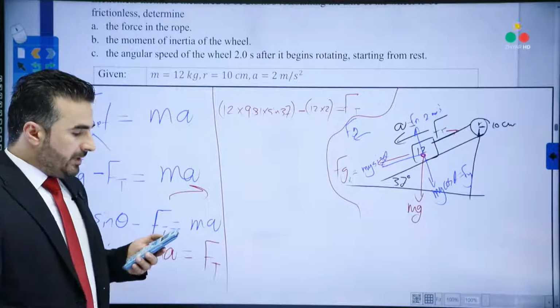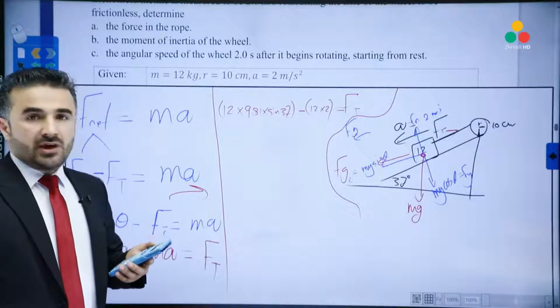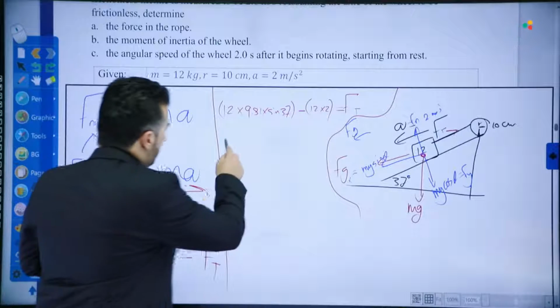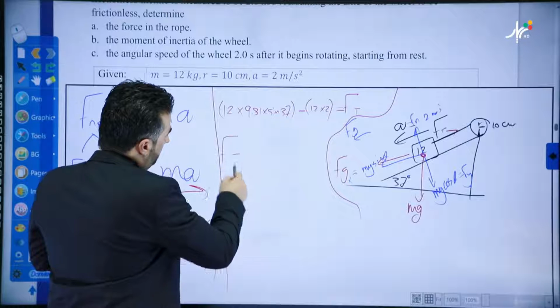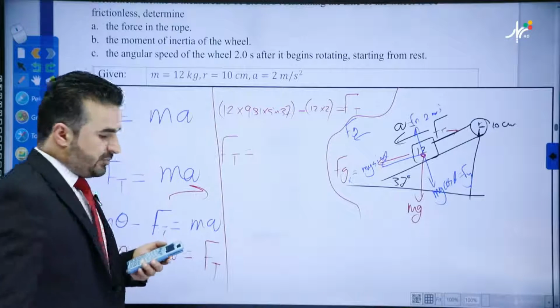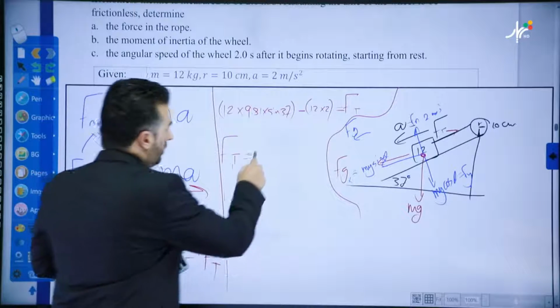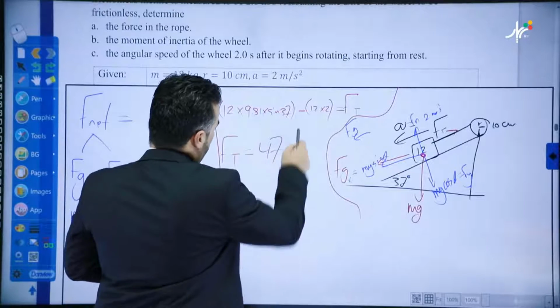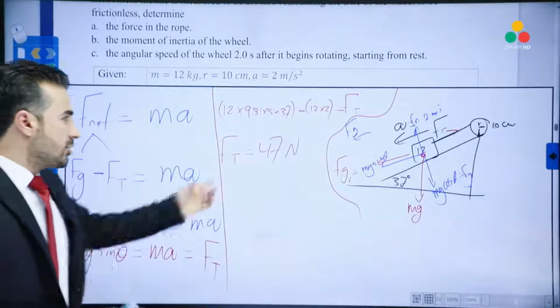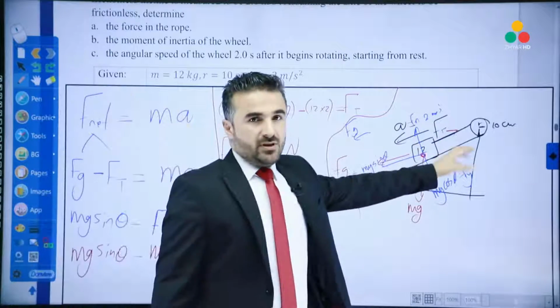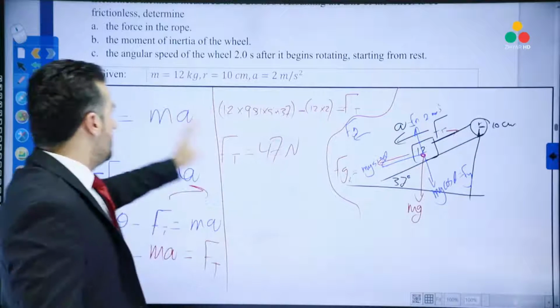So the answer will be 46.8. We can say F tangent is 46.8. We can round it up to 47, that is also fine. That is the tangential force in the rope, the first part of the answer.